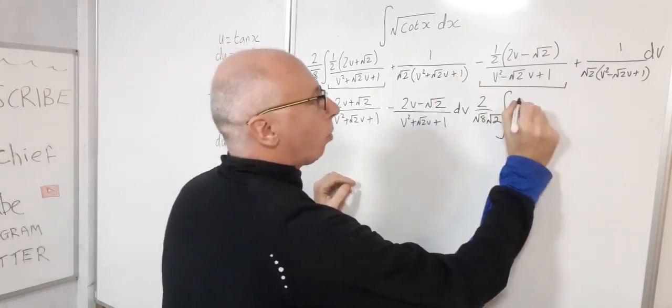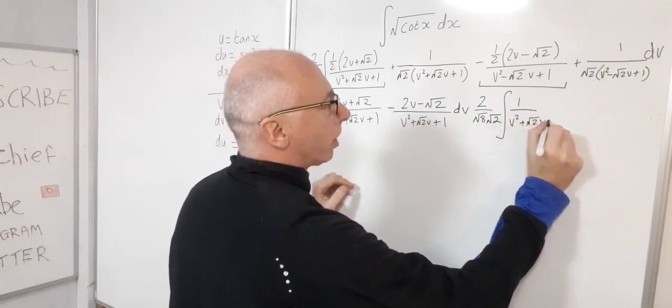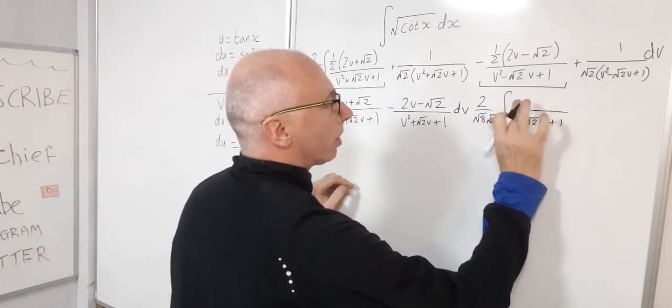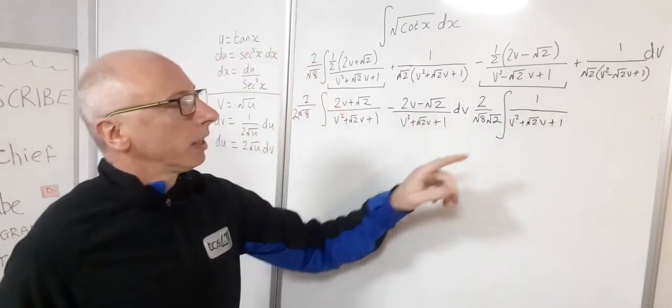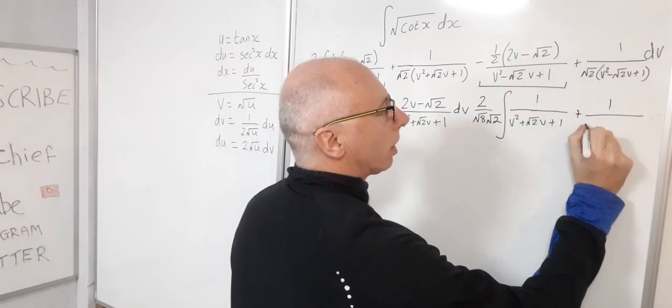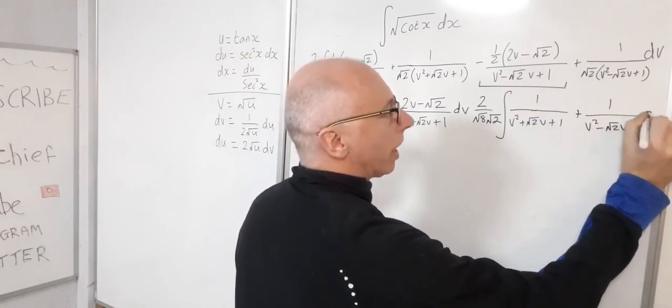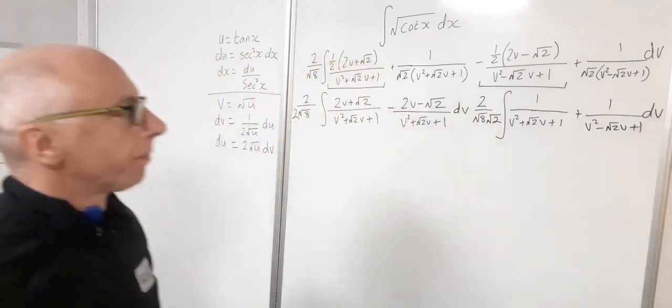So I've got 1 over v² + √2v + 1. So let's put that one like that. Then add this one here. So add that to 1 over v² − √2v + 1. And then that one there is also dv.